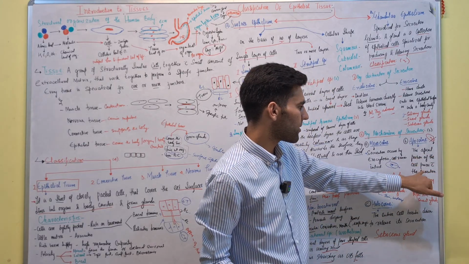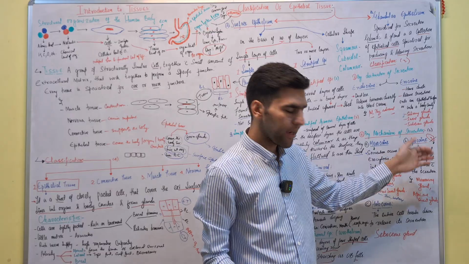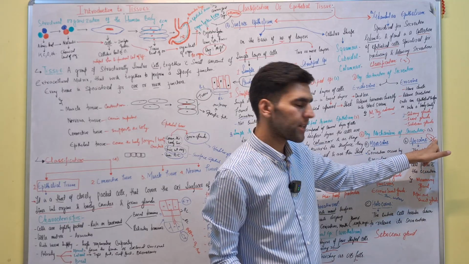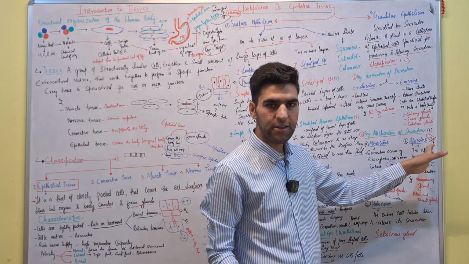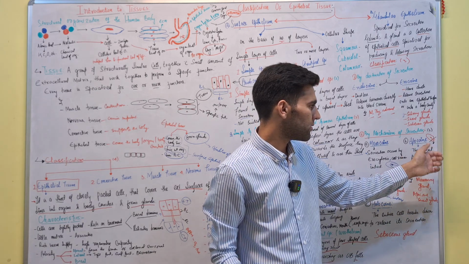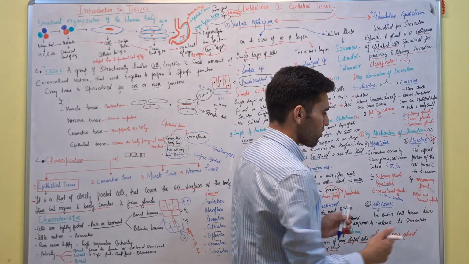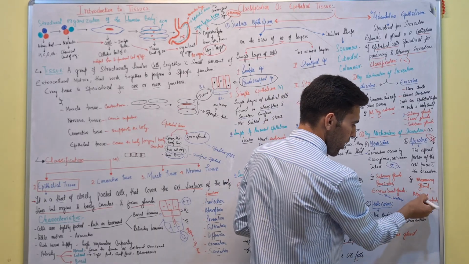When the cell has to secrete again, it first has to regenerate the apical portion, then it secretes the substances, and then the apical portion pinches off with the secretion again. Examples are the mammary gland and apocrine sweat glands.